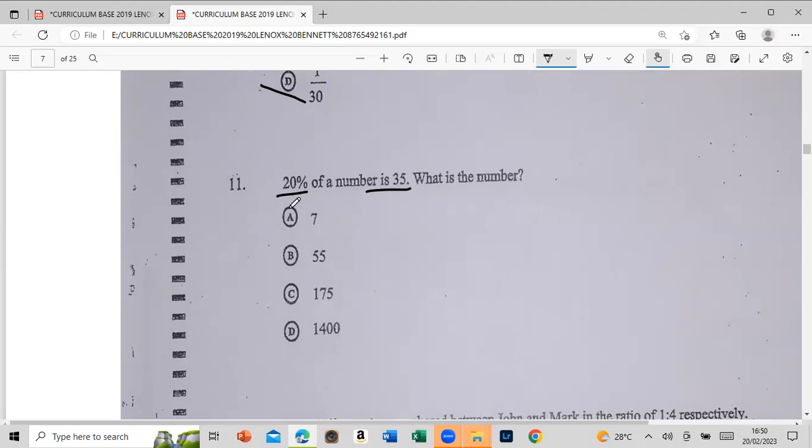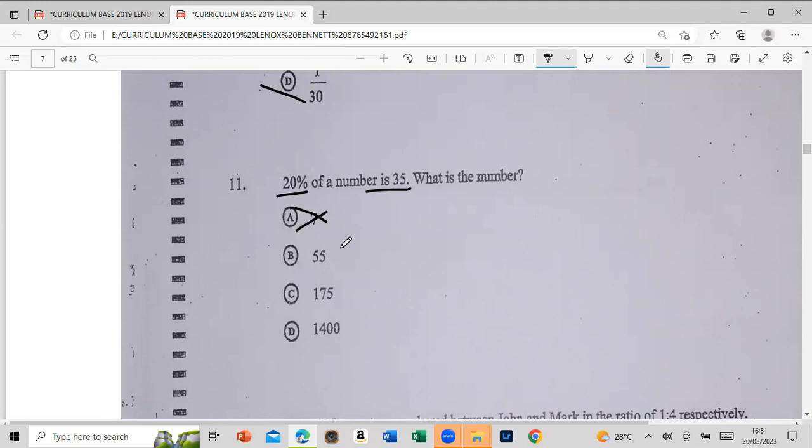Why? 7 is so small. It cannot be that 20% of a number is 7, because 5 times that is what makes it up. 20% means 5 to make it up. So it couldn't be this, because that's lower. You can't find 20% of 7 and it gives you this.